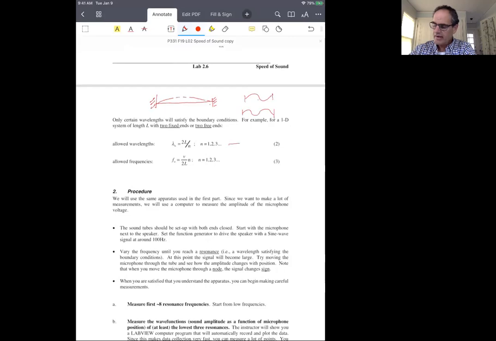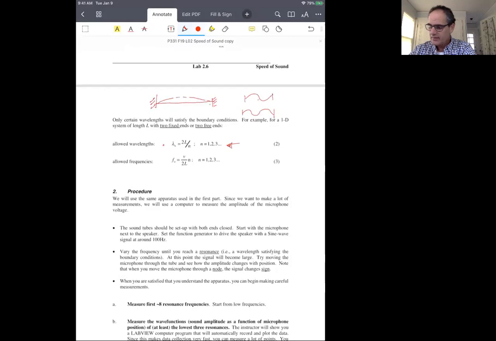The equation for a standing wave in a one-dimensional system that has either two fixed ends or two free ends is the following. The wavelength must be 2L over n, where n is an integer, which can take on values 1, 2, 3, and so on. Those are the only possible standing waves that will fit in this system, certain resonance wavelengths.